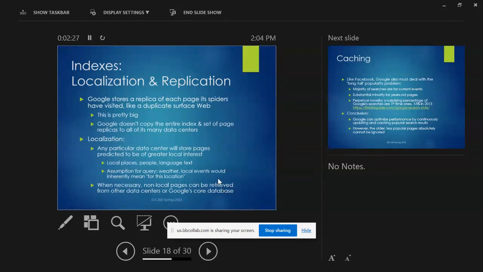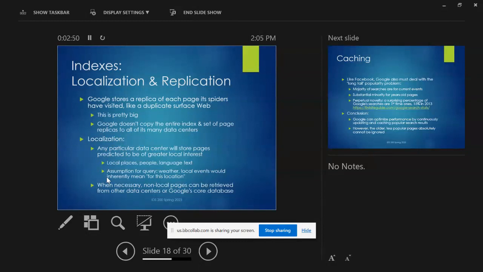Other kinds of information are, of course, more relevant to smaller areas. So with queries like asking about the weather or about local events, the assumption is always going to be for this location. For example, there are two cities in the world named York. Well, there are at least two. There's York, Pennsylvania, and there's also York in the UK up near Scotland.